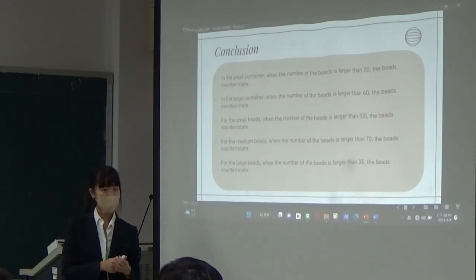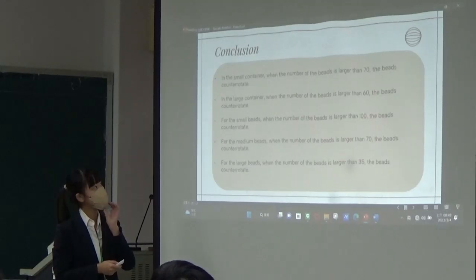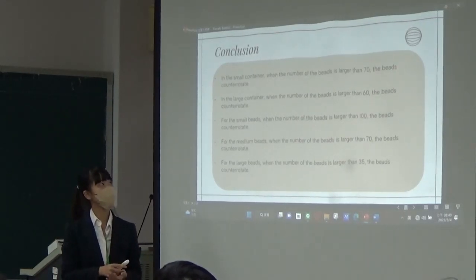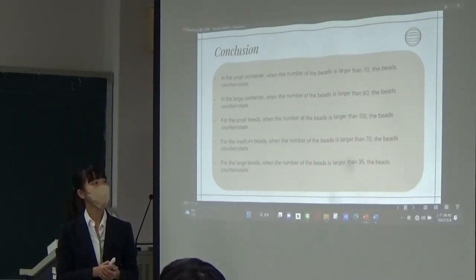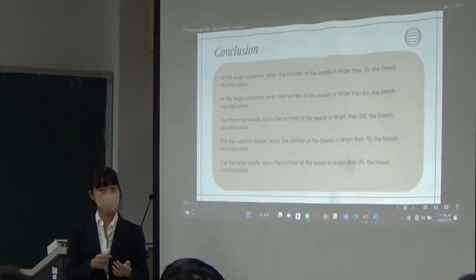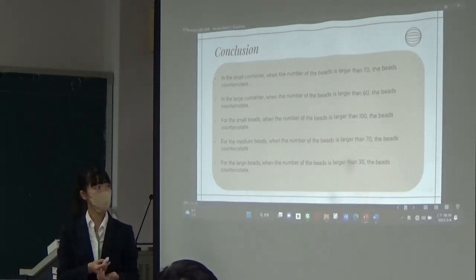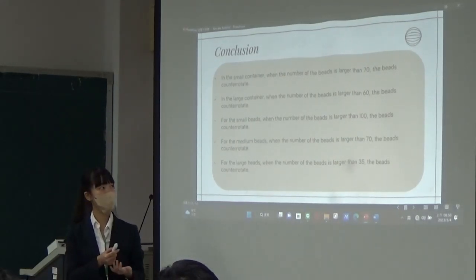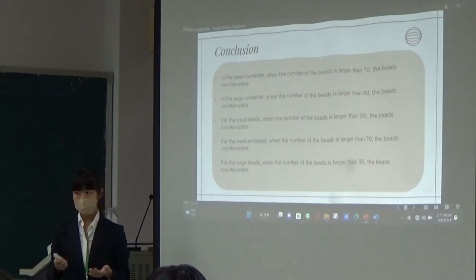So these are the conclusions. In a small container, when the number of beads is larger than 70, the beads will counter-rotate, and in a large container, when the number of beads is larger than 60, the beads will counter-rotate.